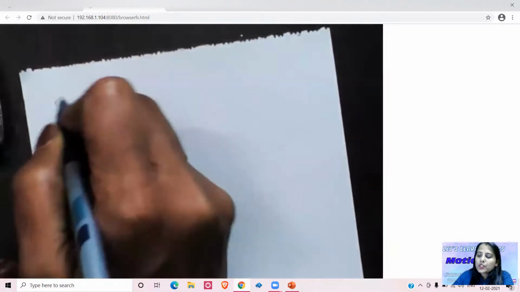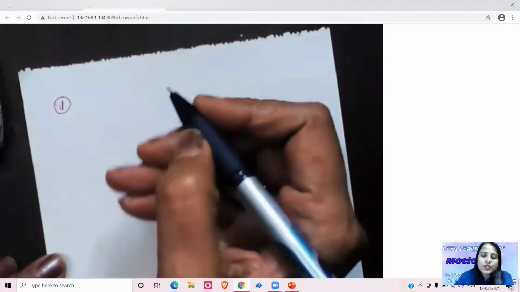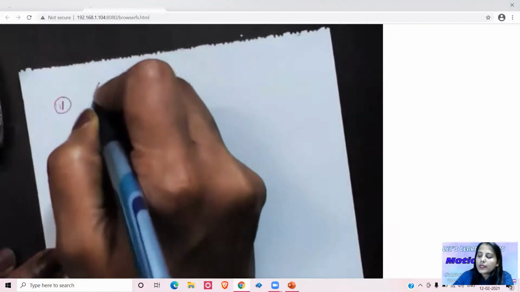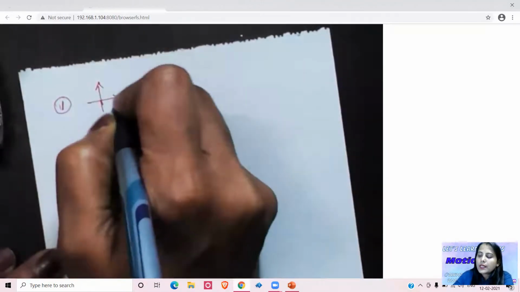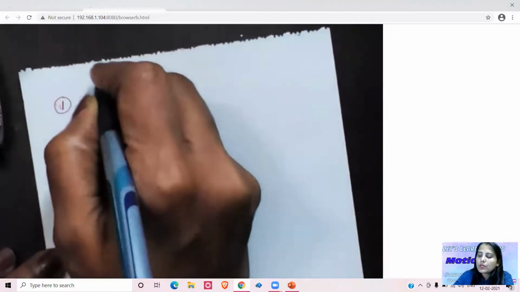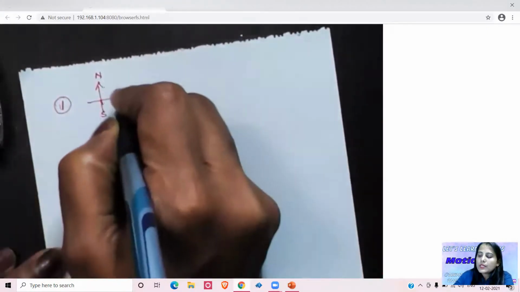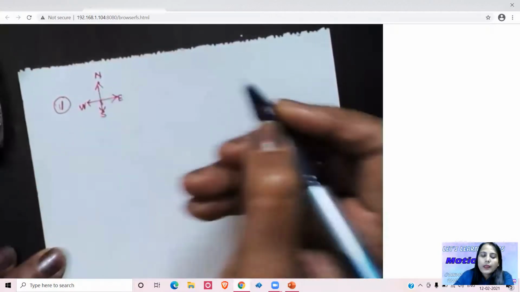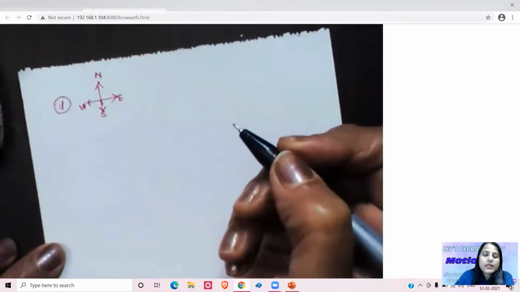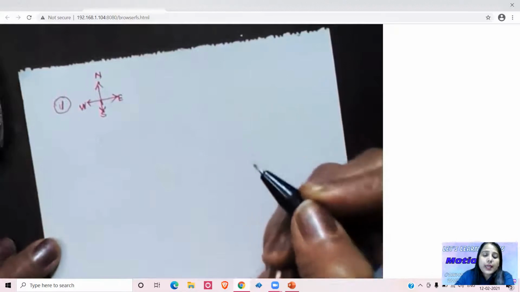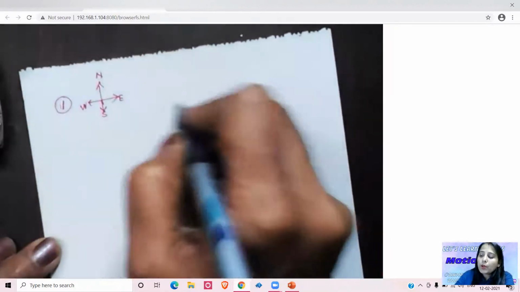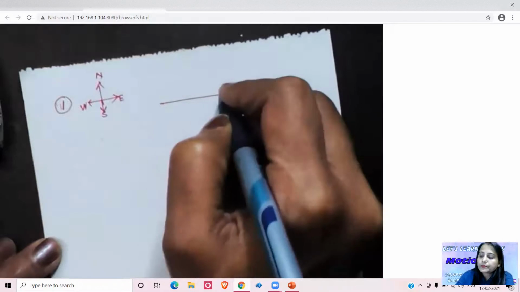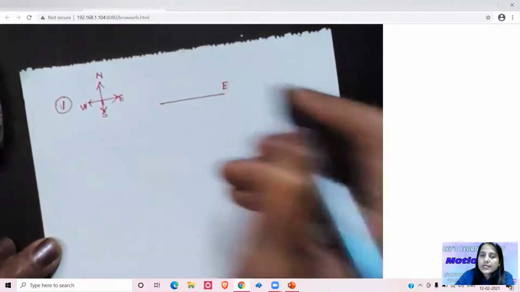Now, in the first question, what has been given? We all know that there are 4 cardinal points, that is north, south, east, and west. Now, what is written in the question, that Sam traveled 12 kilometers towards east.